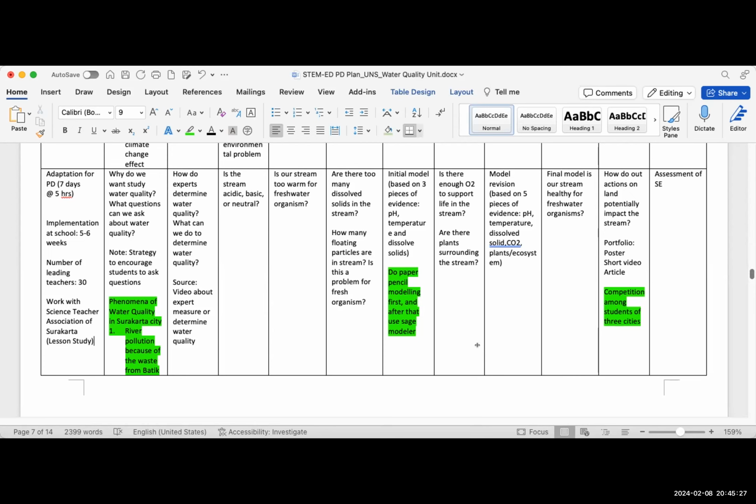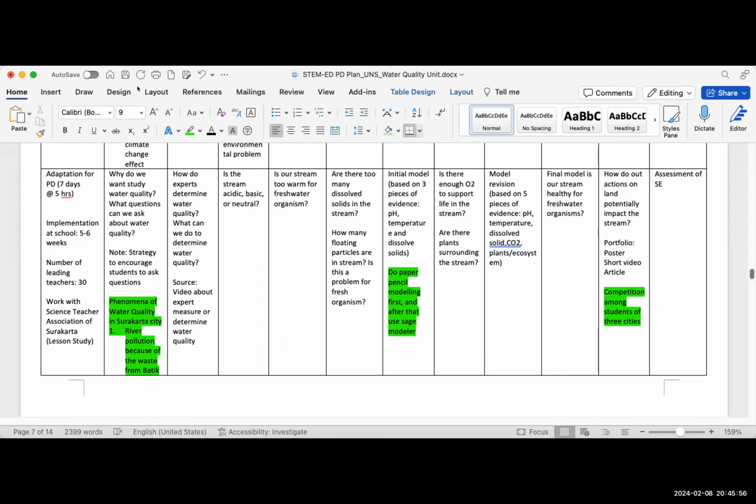Any questions for this group or any comments for them? Can I ask, Murni?